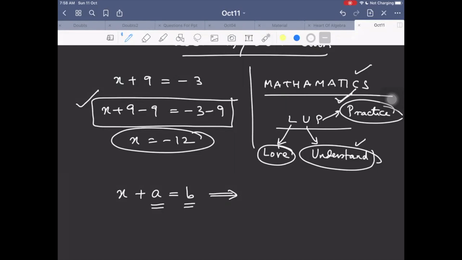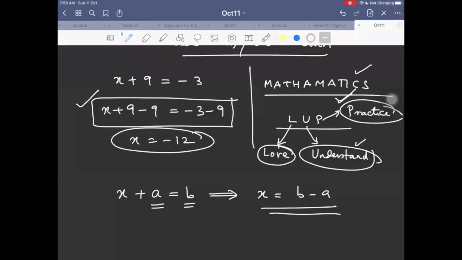What do you think will be the solution for this equation, x plus a equal to b? How can you get the value of x? Yeah, so x will be nothing but b minus a, right?